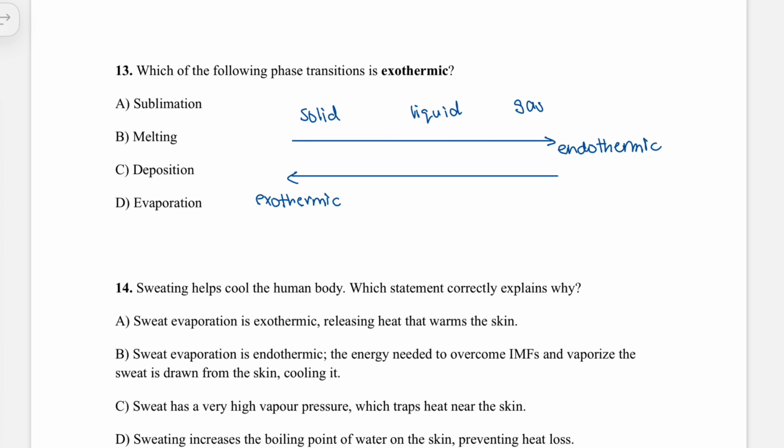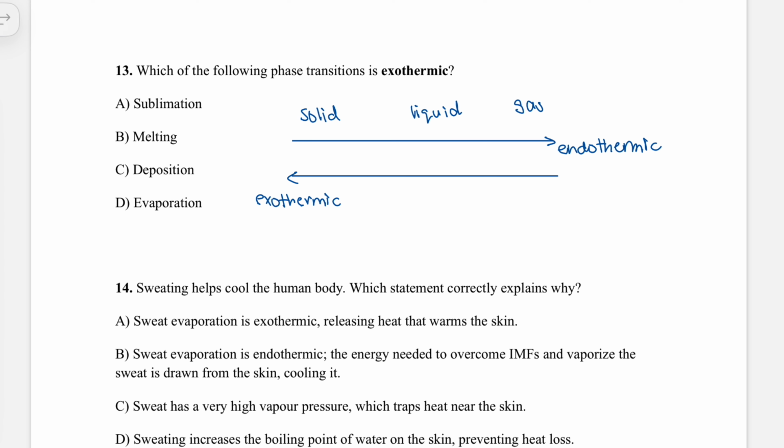So if you look at sublimation, sublimation is solid to gas. And then solid to gas, we're moving this way in the endothermic direction. So this one's endothermic. Melting is solid to liquid. So we're moving this way again in the endothermic direction.